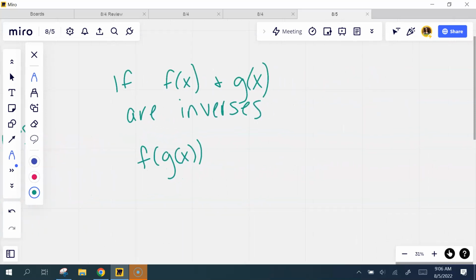What happens if you plug an inverse into another inverse or into its inverse? Remember, do you remember whenever we had to verify inverses by doing this both ways? X, you get X, good job. It should reduce down to X both ways, forwards and backwards. That's how we kind of prove the inverses there.